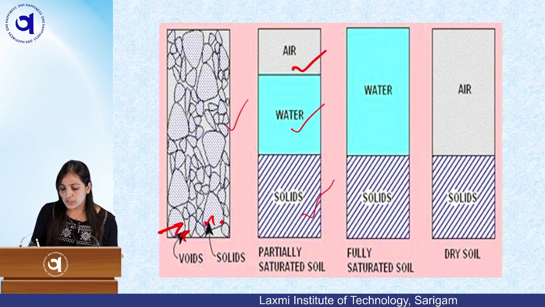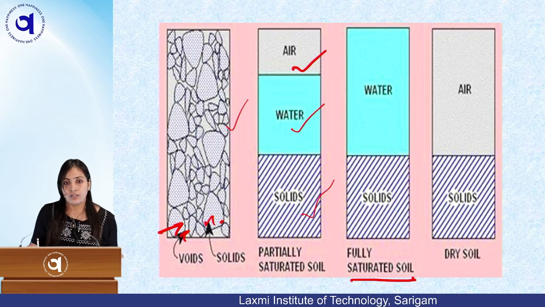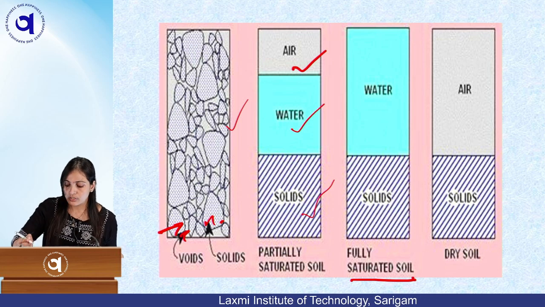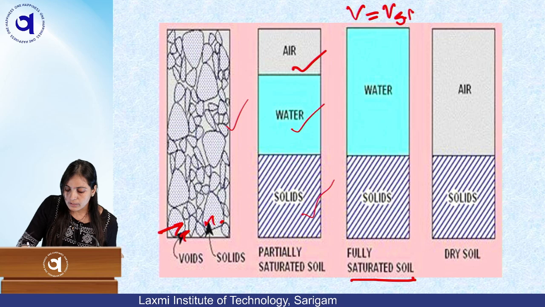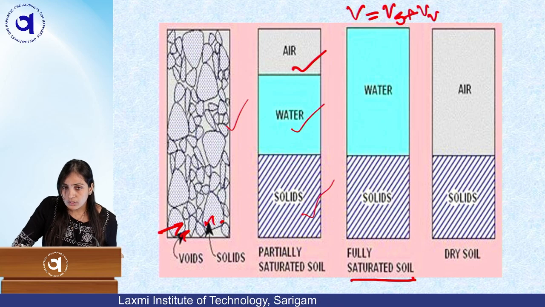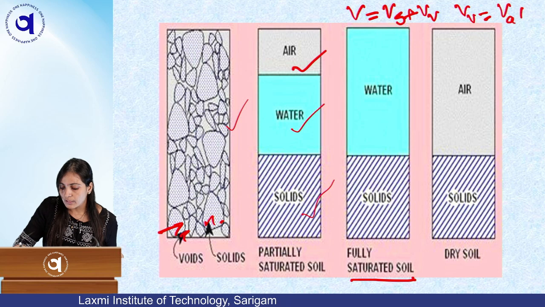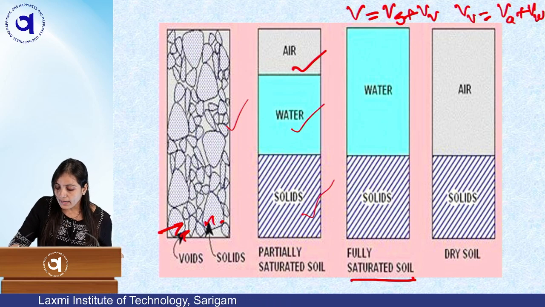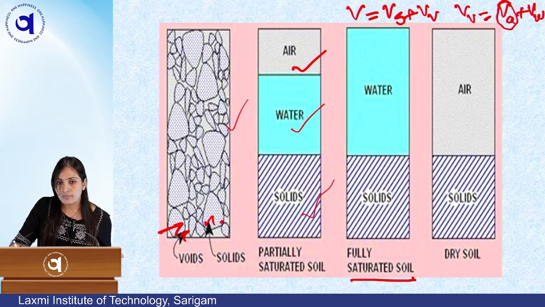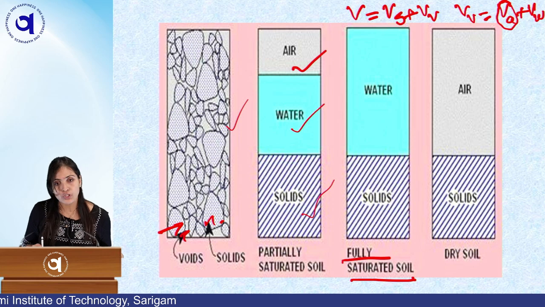If your soil is fully saturated, air is not present. The total volume of soil is the volume of solids plus the volume of voids, and the volume of voids is equal to the volume of air plus the volume of water. If air is not present, the volume of air is zero, then your soil is considered as fully saturated soil.